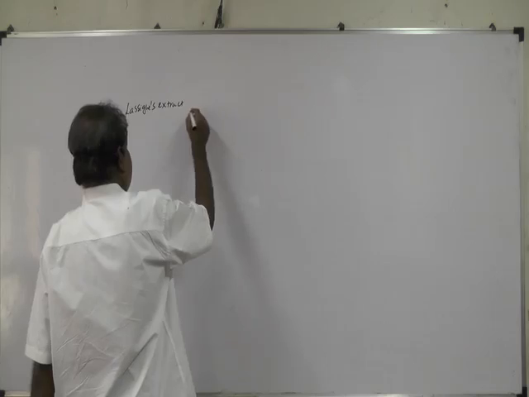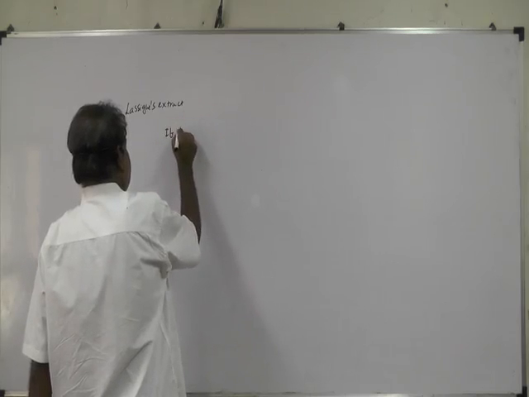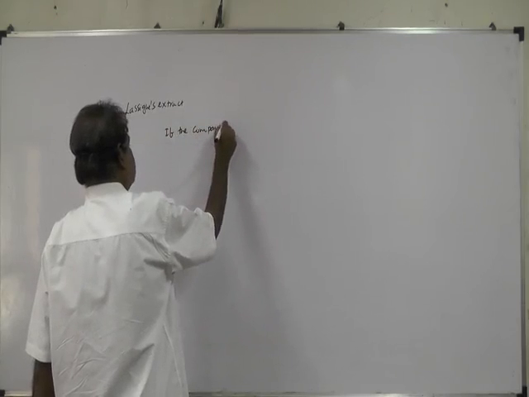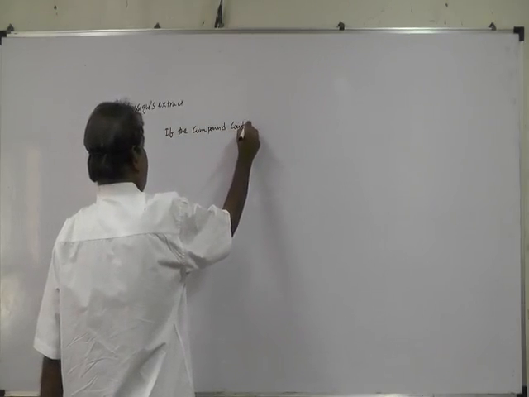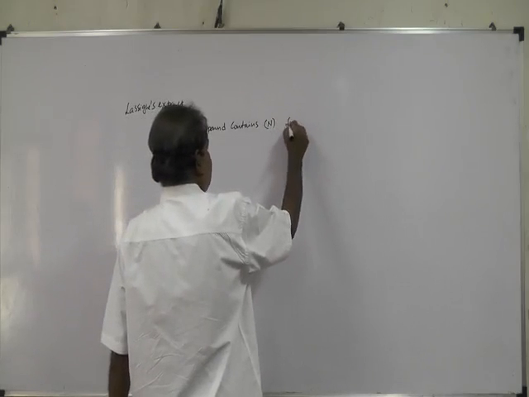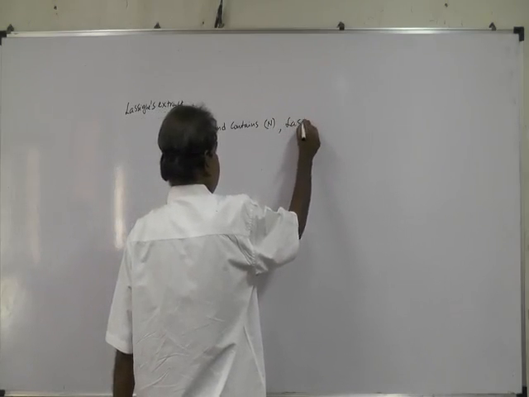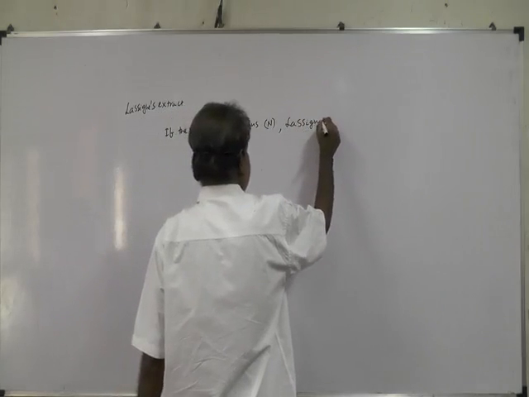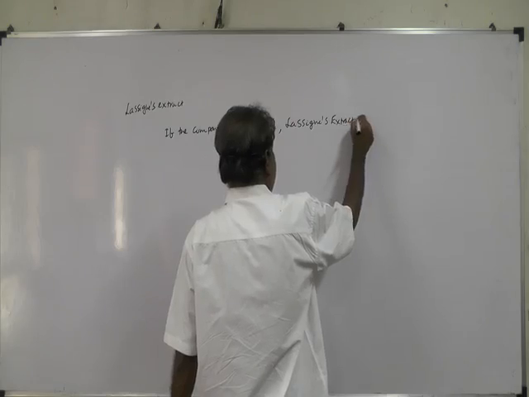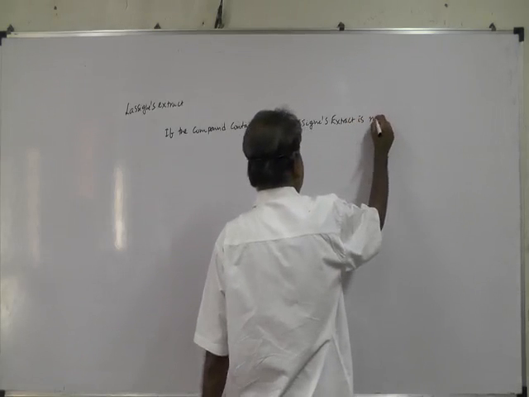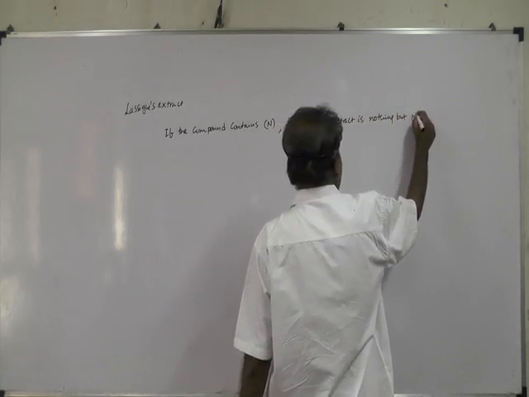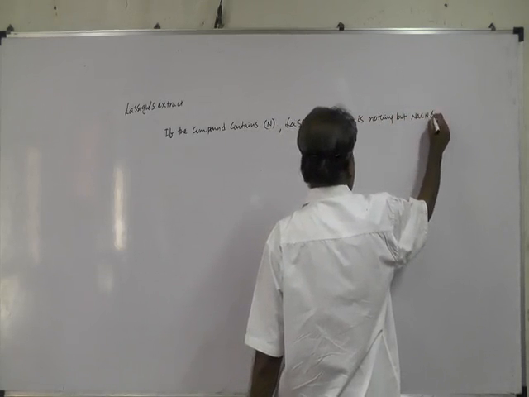If the compound contains nitrogen, Lassaigne's extract is nothing but NaCN solution.